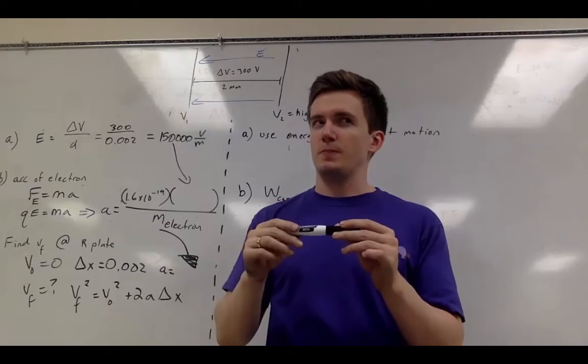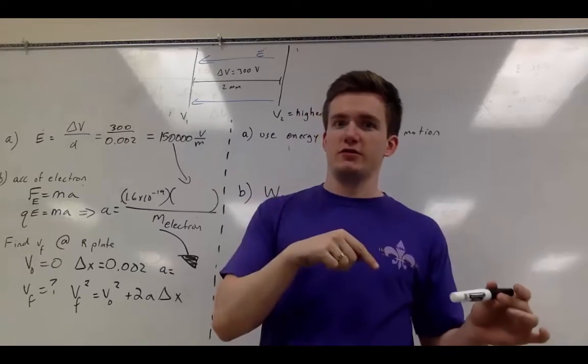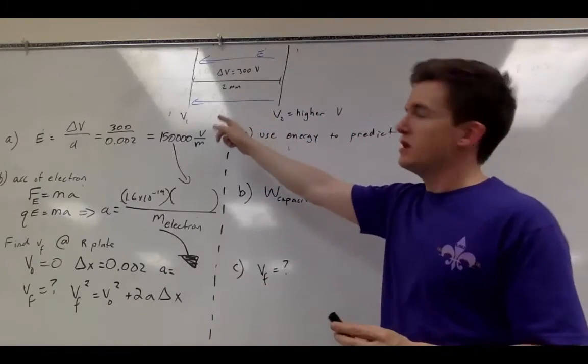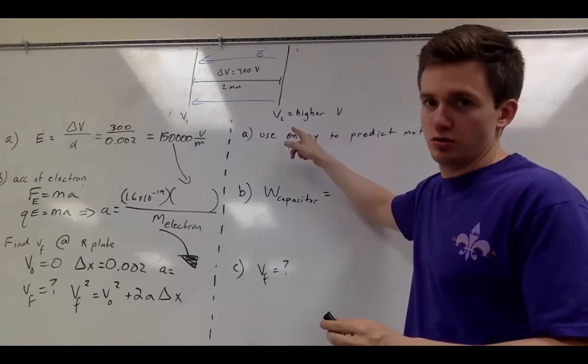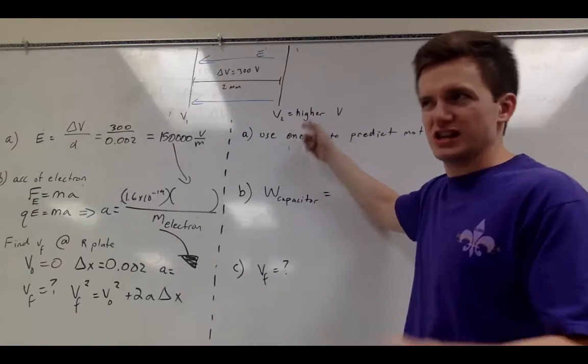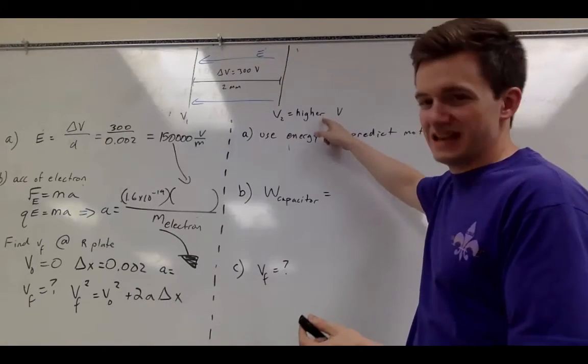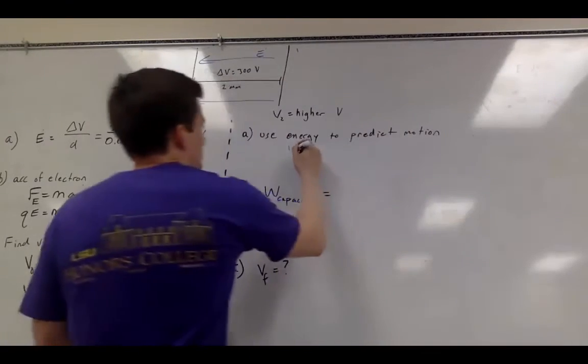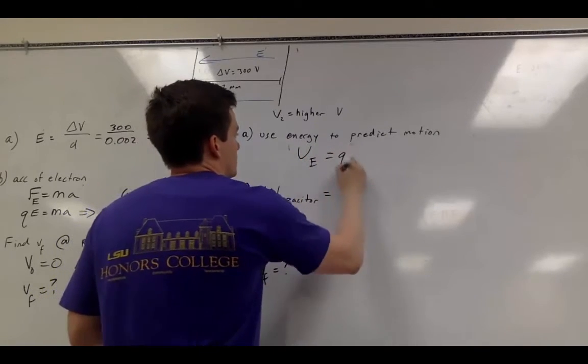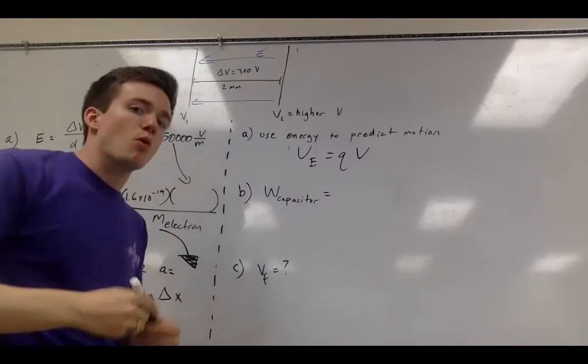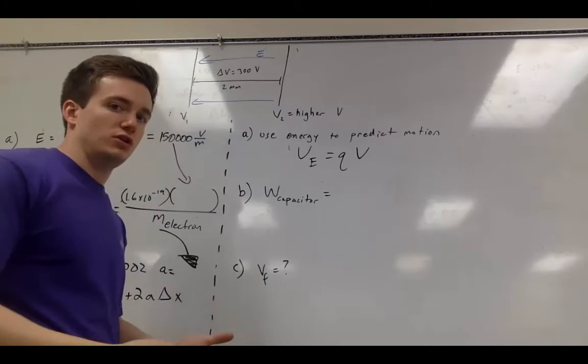But let's remember, electrons are weird. They're negative. And so up here, this has higher potential, but an electron is negative, which reverses the effect. So a higher potential actually means for the electron that it has a more negative potential energy.